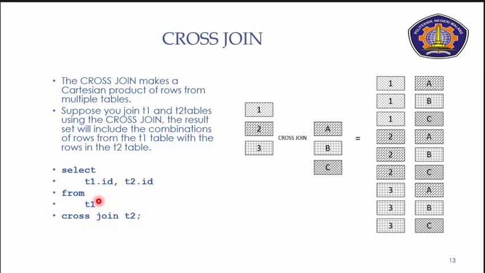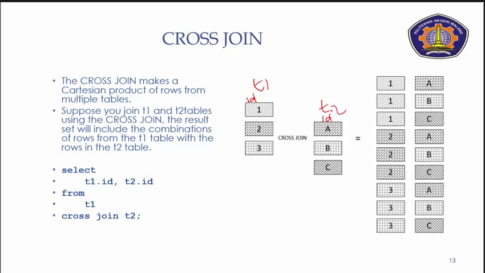We just select their ID, and then do the cross join. This one is table T1, this one is T2, and this is their ID attribute.